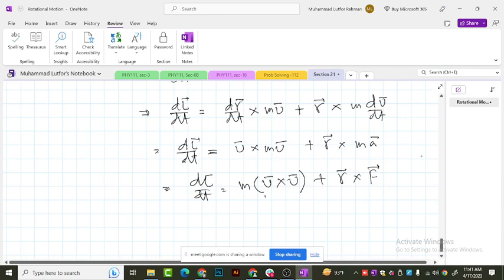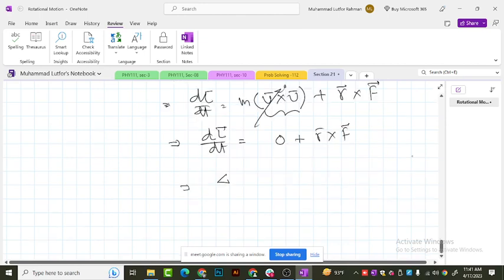It should be 0 because the angle is 0, so that's why this is going to be 0 over here. I can simply write 0 plus r cross F. Now what is r cross F? It's a torque, exactly. It's going to be the torque.